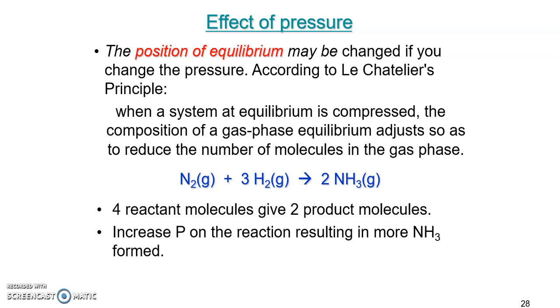So again, we have the formation of ammonia. Here we can say that for every reactant molecule we get two molecules of product. So if we increase the pressure of the reaction, more ammonia will be formed.